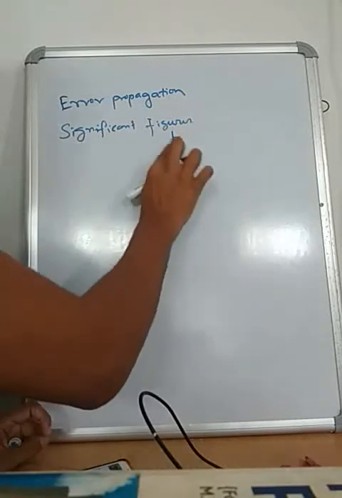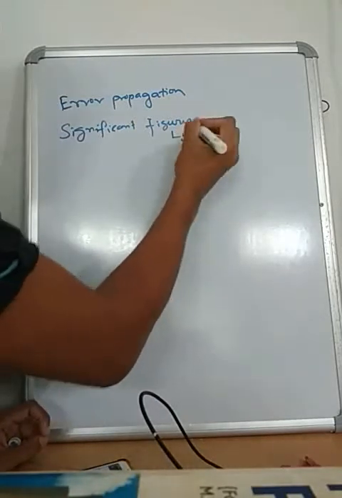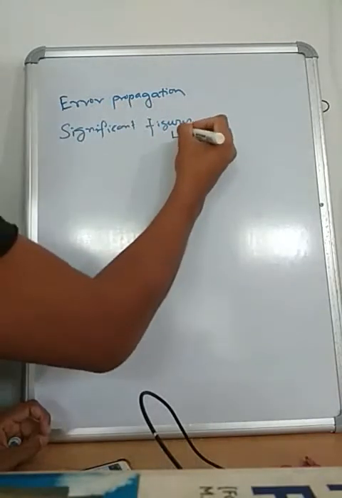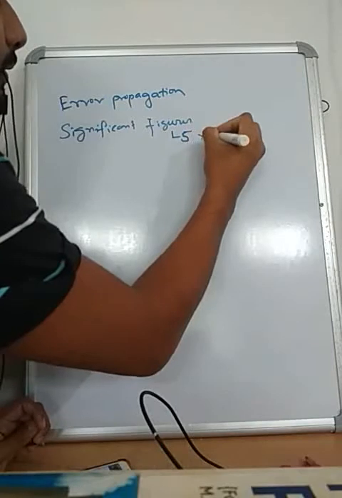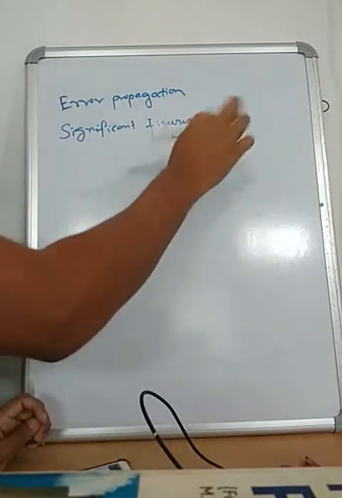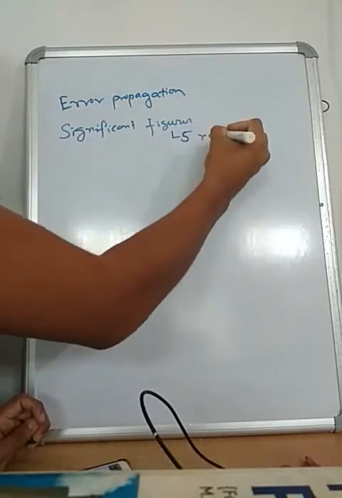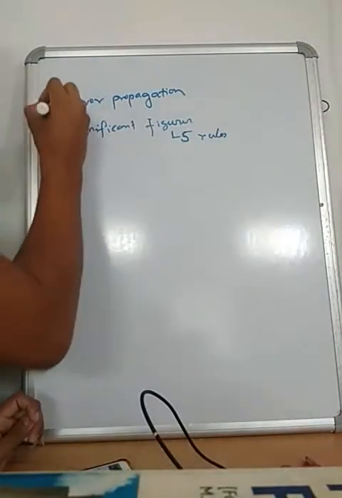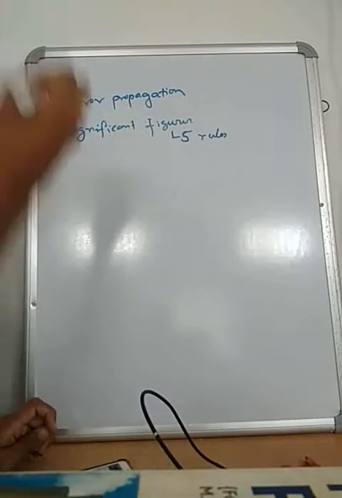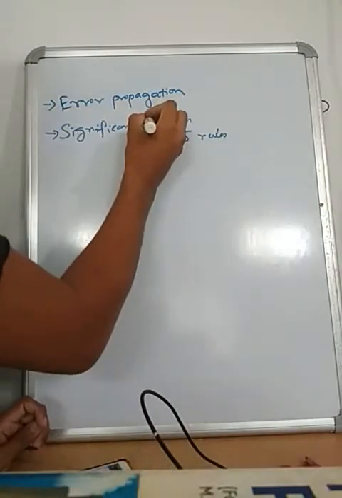There are 5 rules for finding the significant figures of a given experimental value. According to the rules, we have to calculate the significant figures of a measured experimental quantity or experimental value.